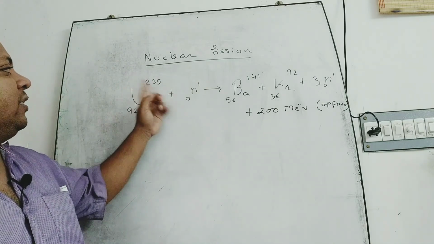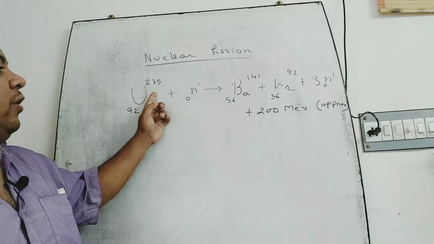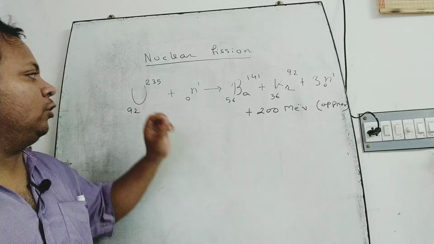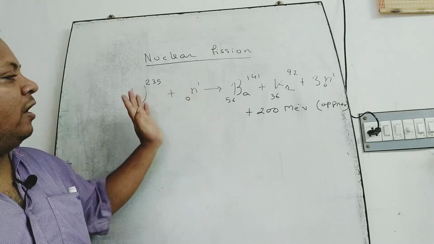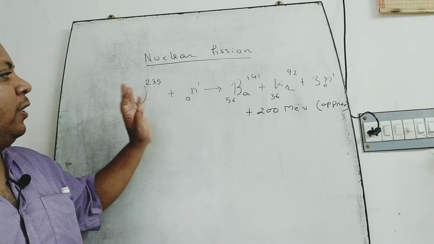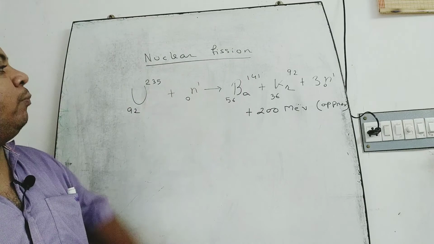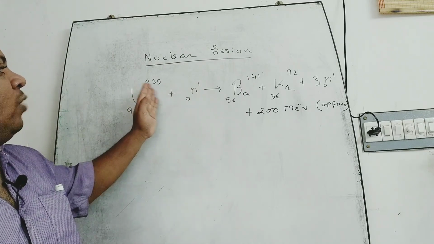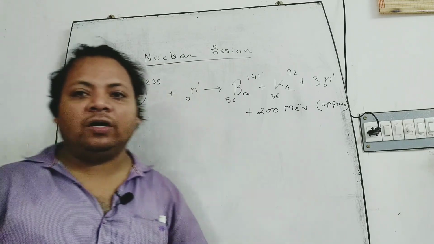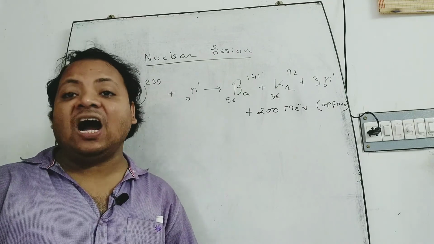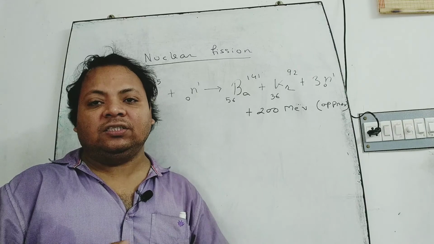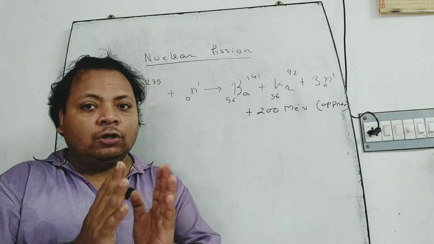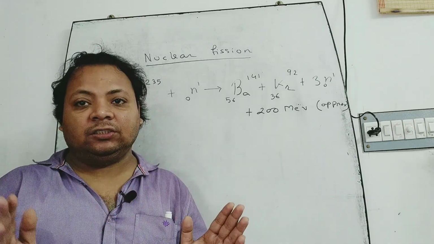Here uranium 235 is struck with a slow neutron, and therefore it produces uranium 236, which is very unstable. Then uranium 236 breaks into mainly 3 parts.